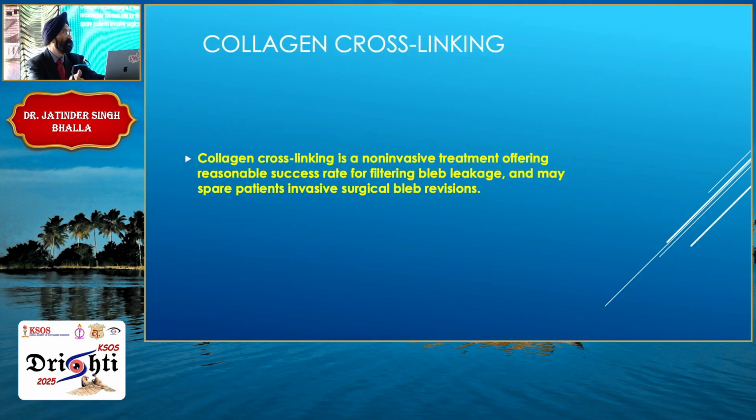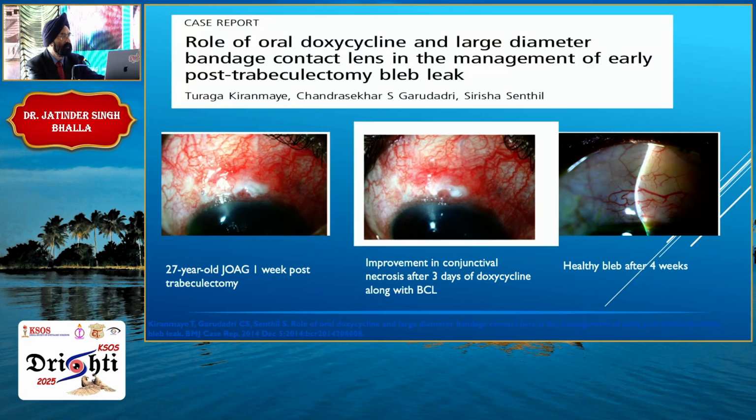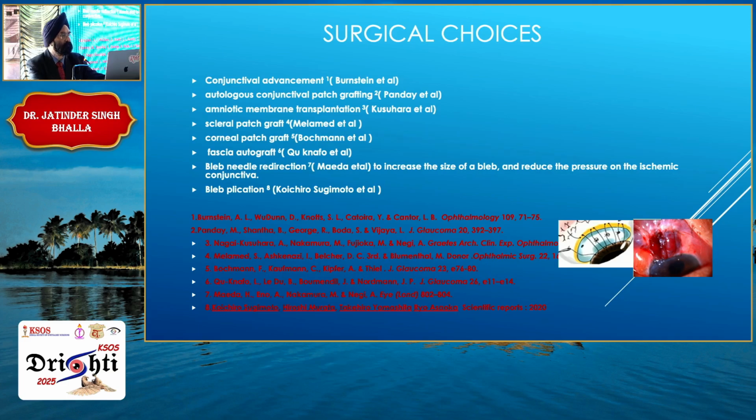Collagen cross-linking has also been used as one of the procedures where it is a non-invasive treatment offering reasonable success rate for filtering bleb leakage, and we may not require invasive surgical bleb revisions. There is also role of oral doxycycline and large diameter bandage contact lens. Oral doxycycline, by anti-inflammatory action and anti-MMP effect, can really help in the treatment of bleb leaks.